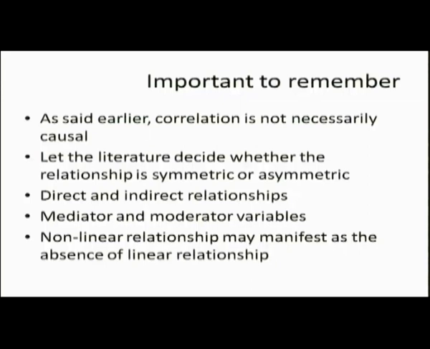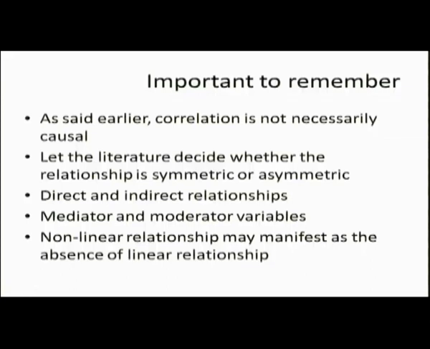Direct and indirect: I will show with the help of a diagram what direct and indirect mean. Mediator and moderator: whether the relationship between x and y is mediated or moderated by some other variables, and whether a non-linear relationship manifests in the absence of a linear relationship.